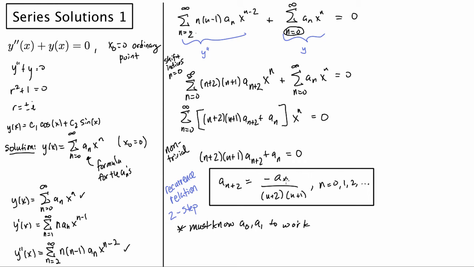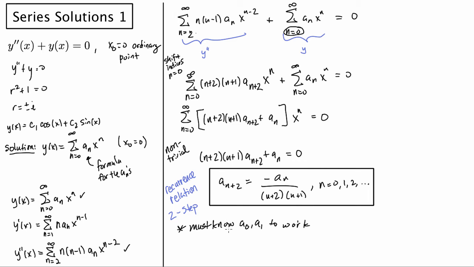If I start at a0, in other words, if I know a sub 0, I can find a2. If I know a2, I can find a4. If I know a4, I can find a6, and so on. Well, what about a1, a3, a5, a7? Well, I need a place to start, and the starting place would be a1. So if I know a1, I could find a3. If I know a3, I can find a5, and so on.